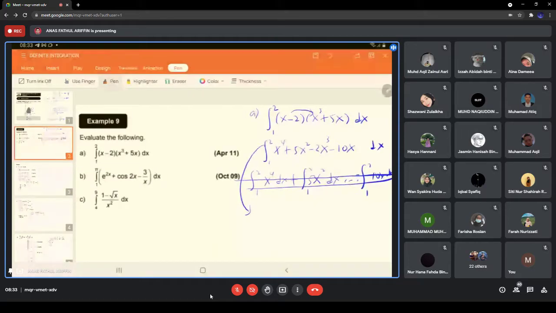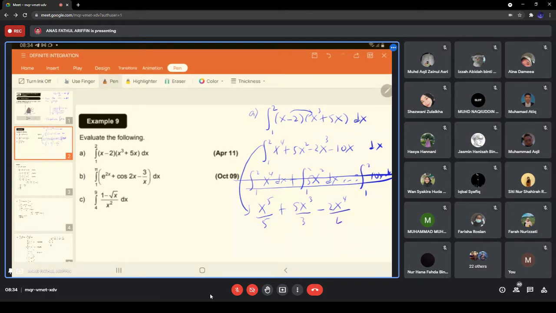When we integrate x power of 4, we plus 1 to the power and then divide by the new power, which is 5. So x power of 5 divided by 5, plus 5x power of 2 plus 1, which is power of 3, divided by 3, minus 2x power of 3 plus 1, which becomes 4, divided by 4, minus 10x square over 2.